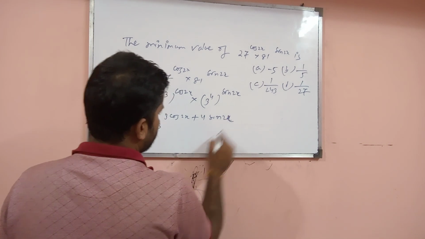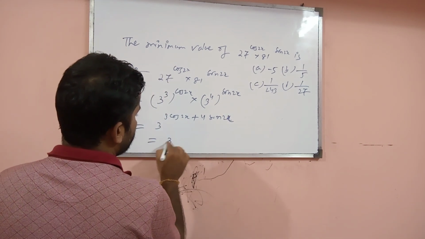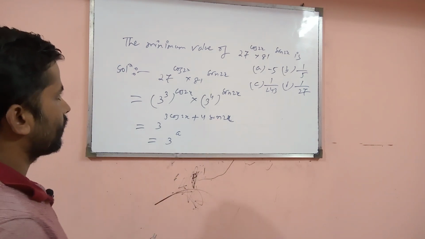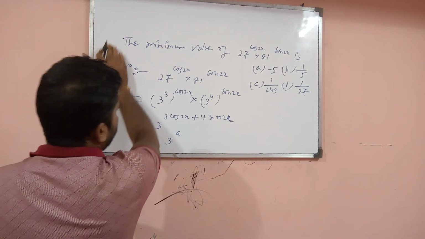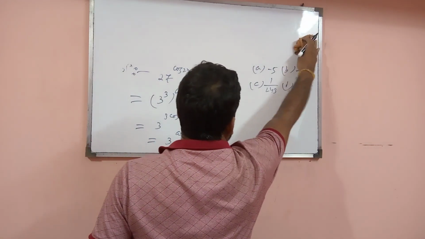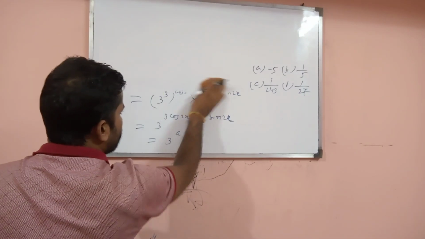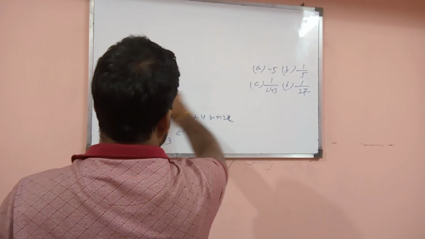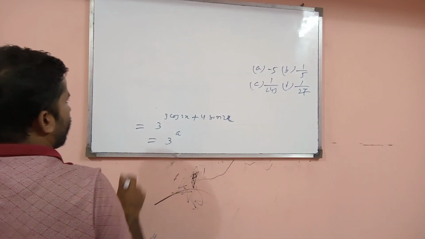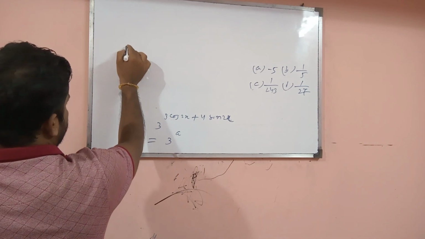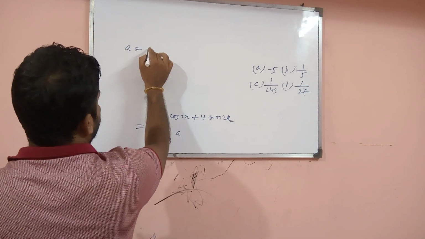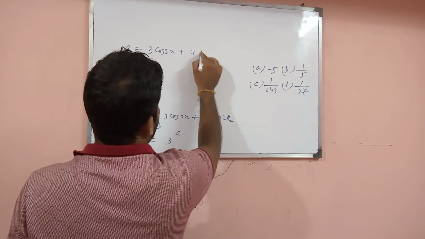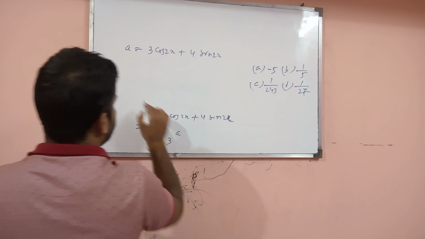Okay, so suppose this exponent as n. Now I shall evaluate the value of n. Say n is equal to 3 cos twice x plus 4 sine twice x.